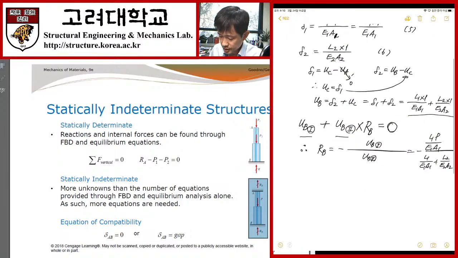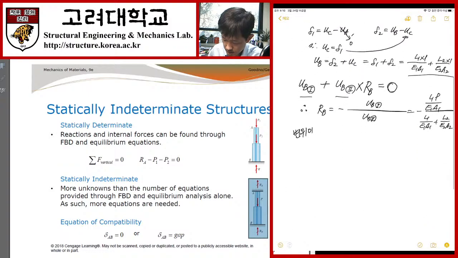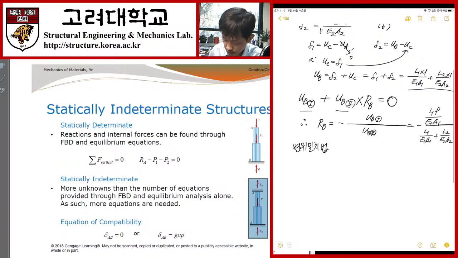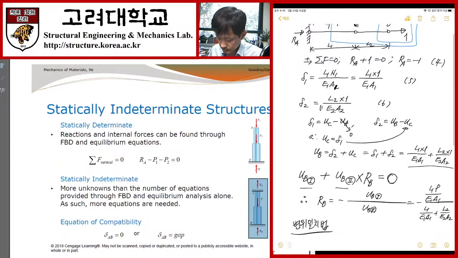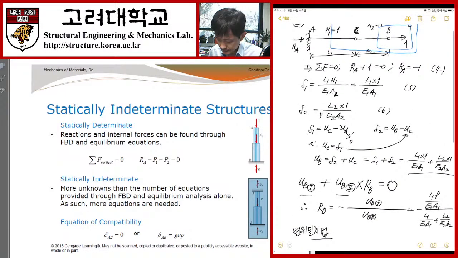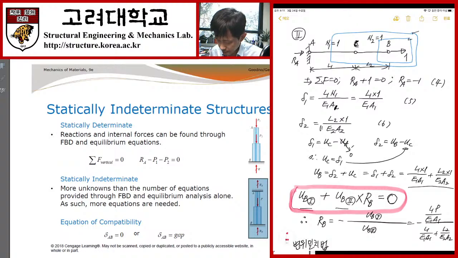And this approach is called 변이일치법 in 우리말. And this condition is called 적합 조건, compatibility condition.